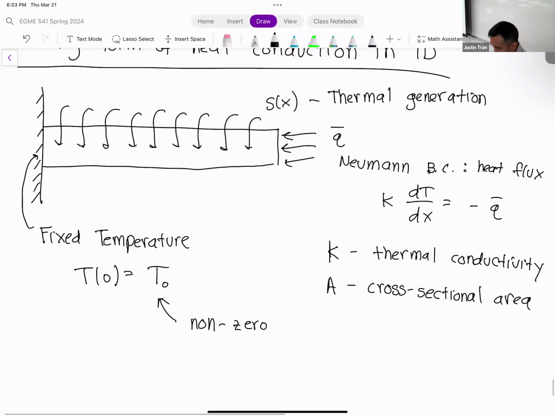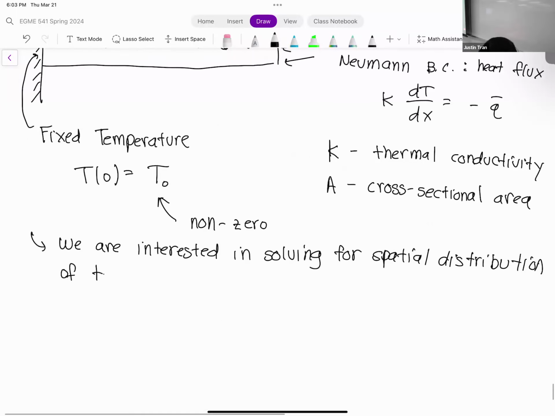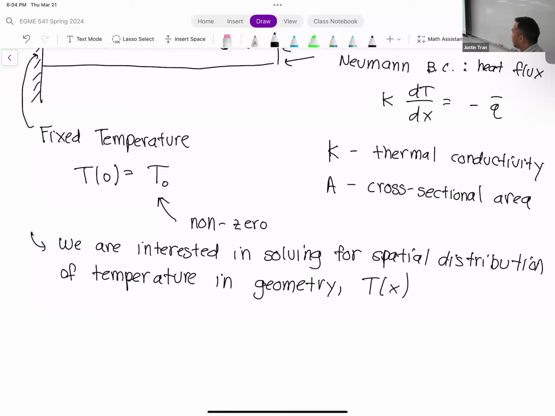And so in these problems, what we're interested in solving for is the spatial distribution of temperature within the geometry. In other words, we're solving for some function T of X.